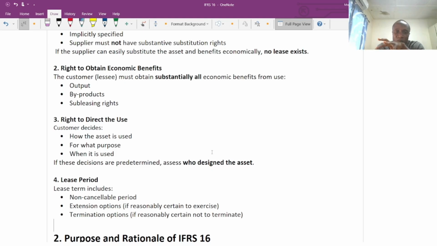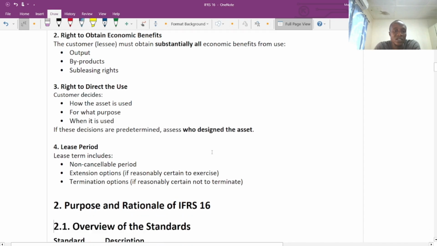So basically, for you to identify a lease transaction as a lease according to IFRS 16, these four conditions, as per the definition of leases, should be present. Very important concept you need to know, especially for strategic business reporting and advanced audit and assurance students.